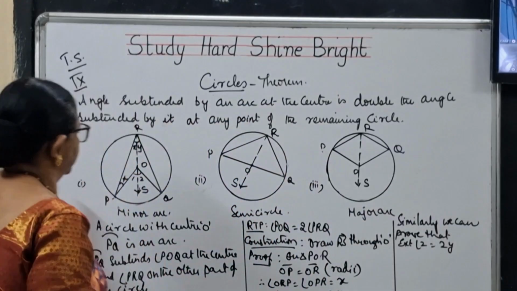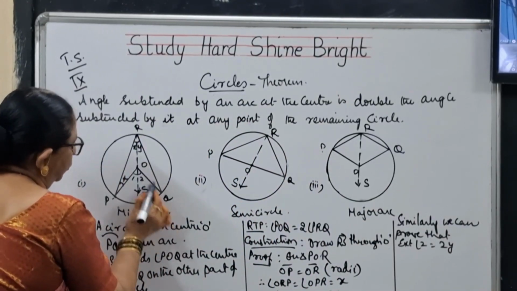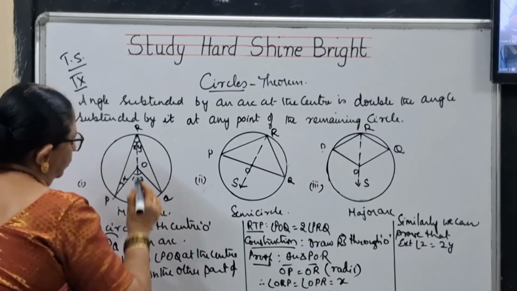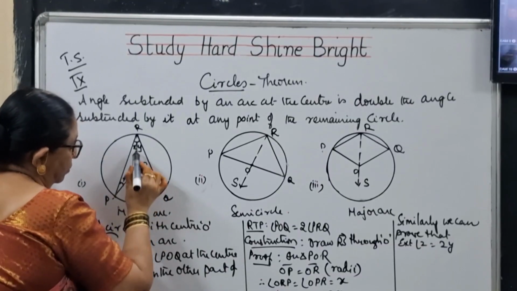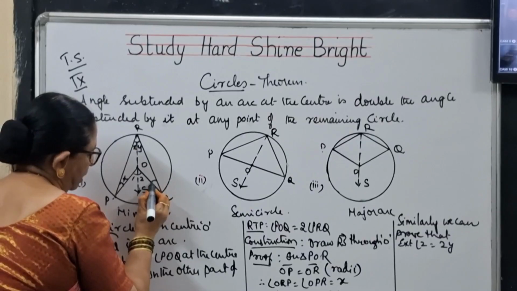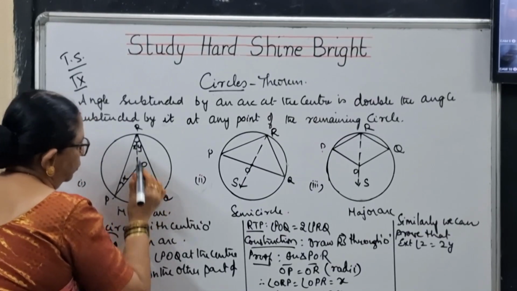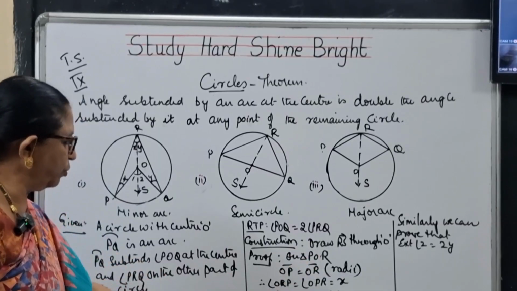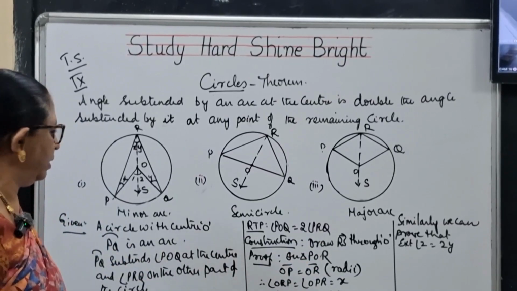When we talk about triangle QOR, definitely these two are radii, so they are equal. So this angle will be equal to this angle, that is y. So angle 2 is equal to y plus y, 2y. The same proof we will get, so I wrote similarly.